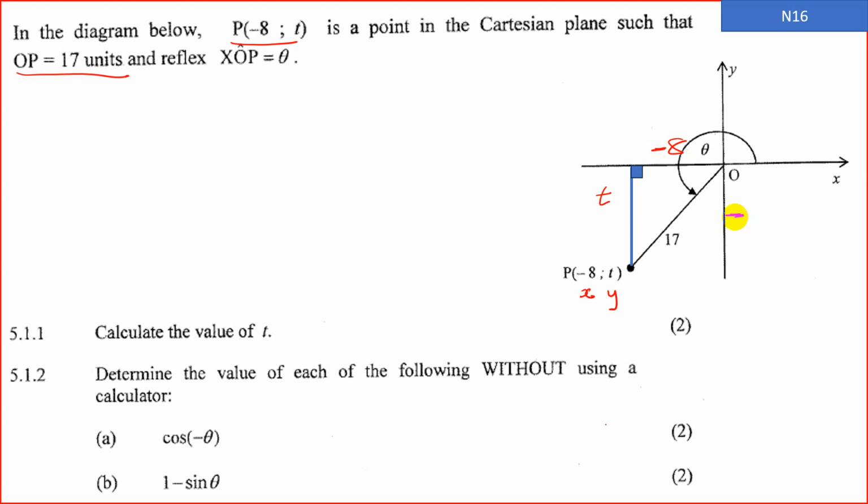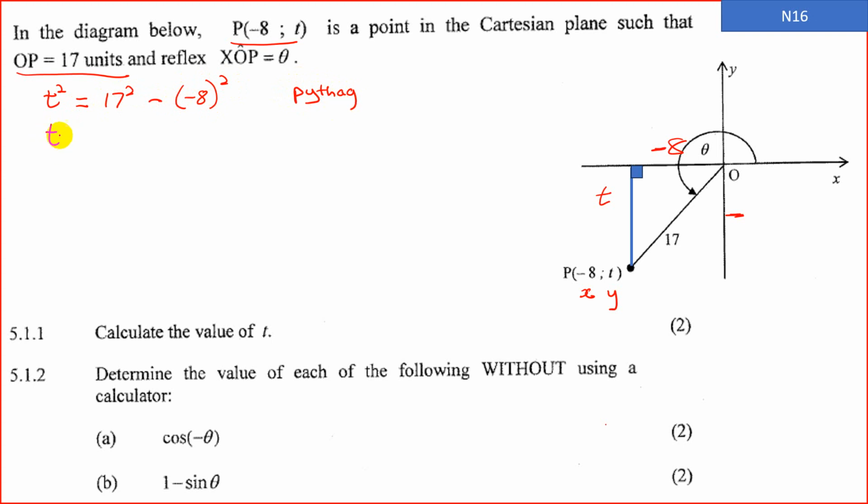So we're going to use the famous Pythagoras and work out t. t squared is equal to the hypotenuse, 17 squared, minus our x value, which is minus 8 squared, and we need to give the marker a reason, which is quite simple: Pythagoras.